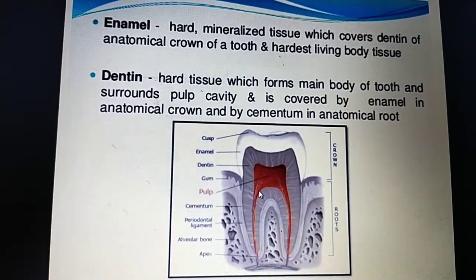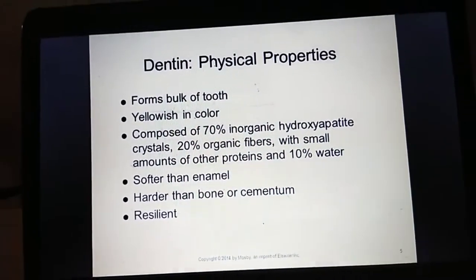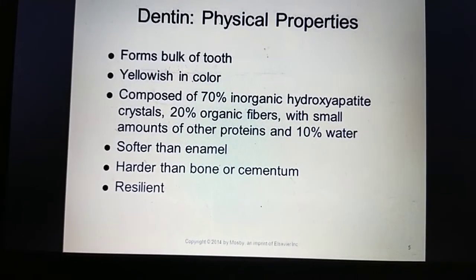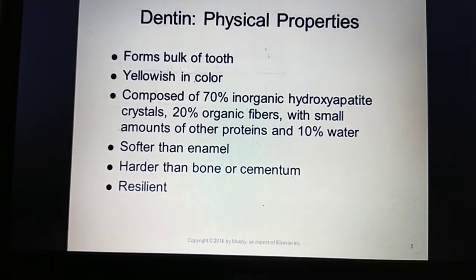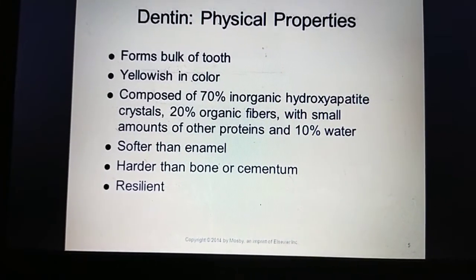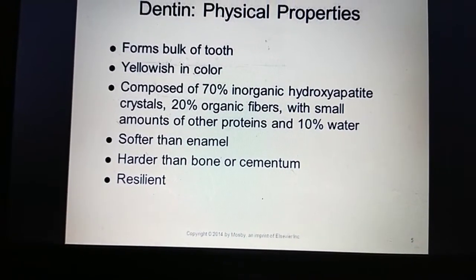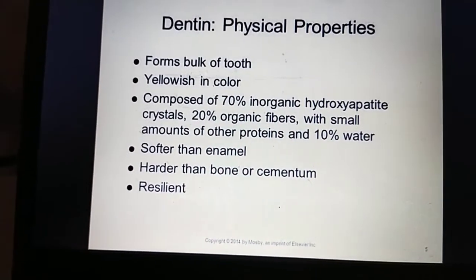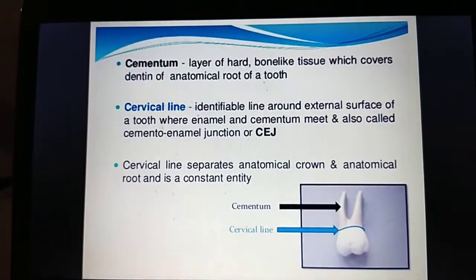Okay, dentin has some physical properties: it forms the bulk of the tooth, is yellowish in color, and is composed of 70% inorganic hydroxyapatite crystals, 20% organic fibers with small amounts of other proteins, and 10% water. Softer than enamel, harder than bone or cementum, and it is resilient. Cementum.